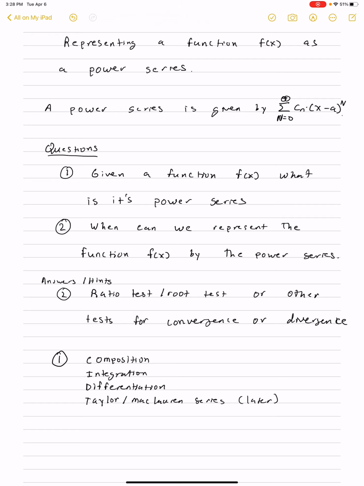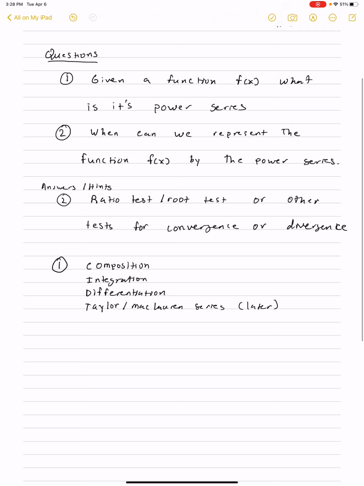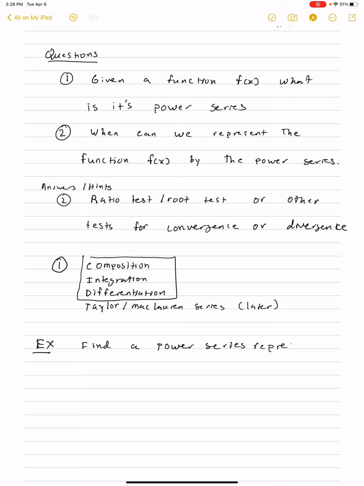But let me give you an example of these main methods right here, using composition, integration, or differentiation. Here's going to be my example. Find a power series representation for this function. And the function is f of x equals arc tangent of x.